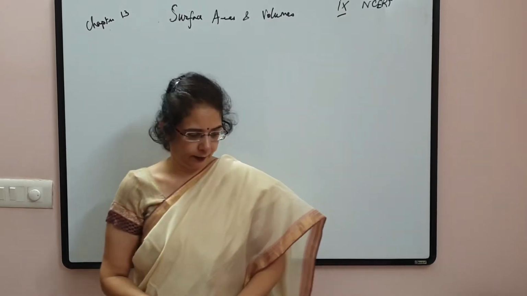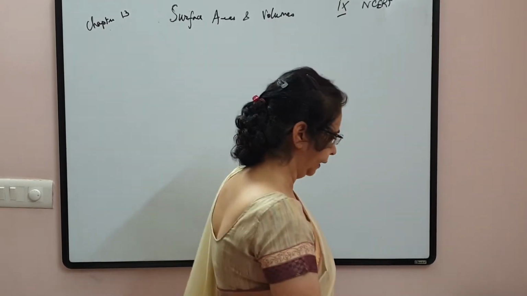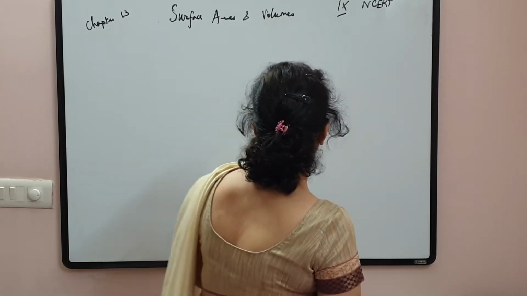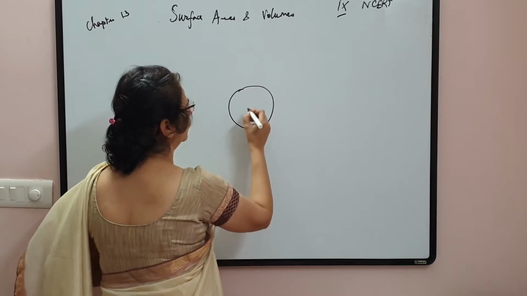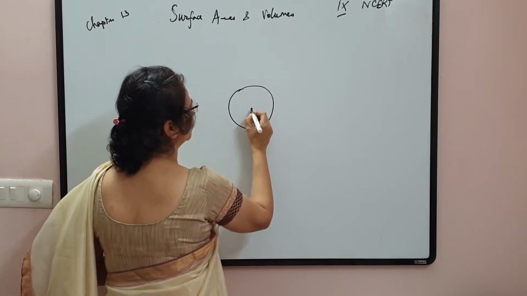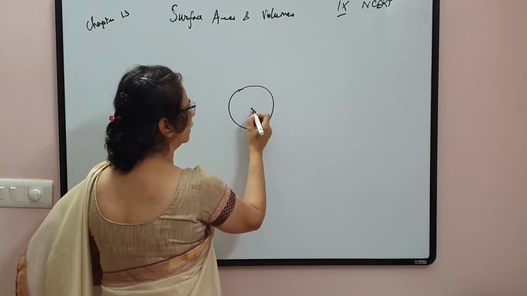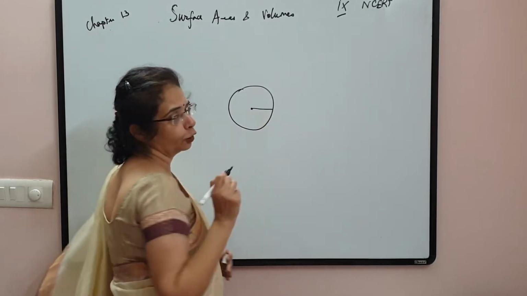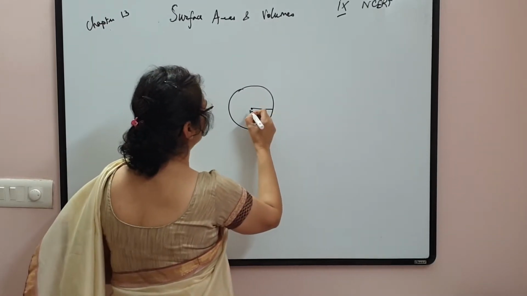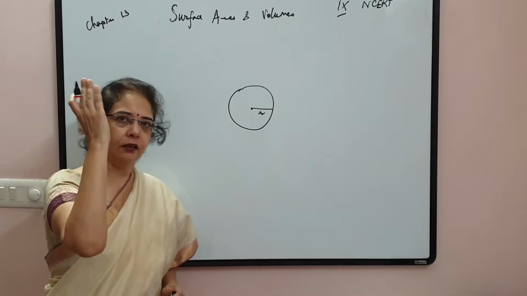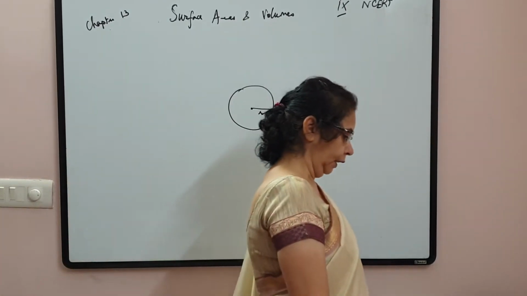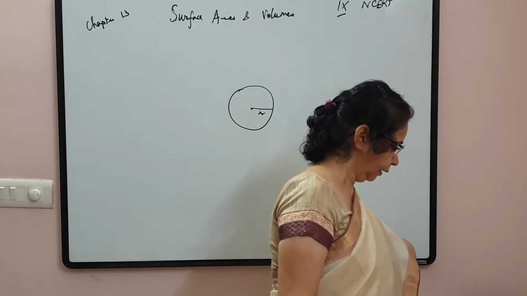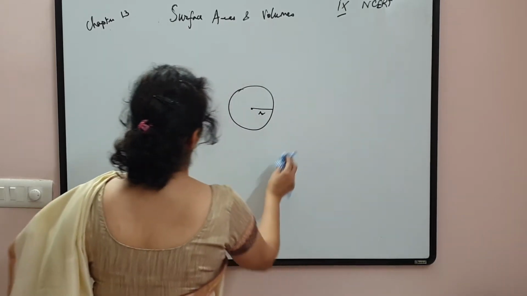If this is the circular base, the height of the cylinder is at 90 degrees to this radius. That is why the name right circular cylinder has come.